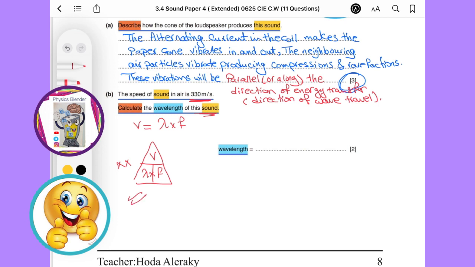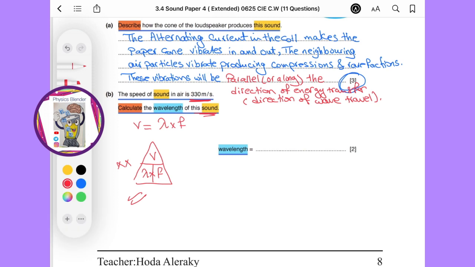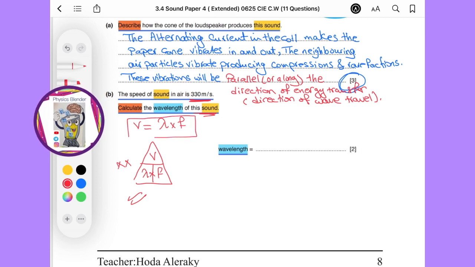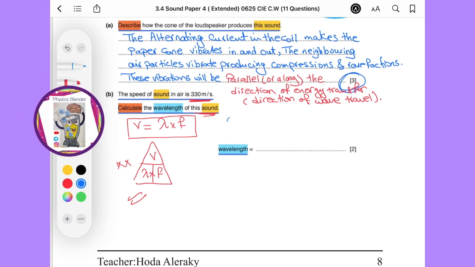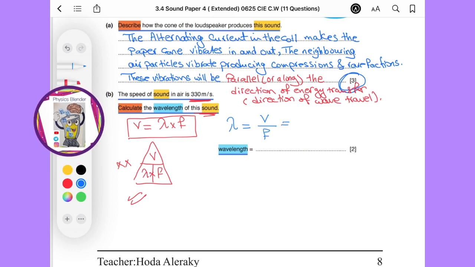You can use it just to revise, or you can remember the equation, but this equation should be written as an equation like this. Okay. When you substitute here, you are trying to find the wavelength, which is equal to speed of sound in air divided by frequency. Check units are consistent.